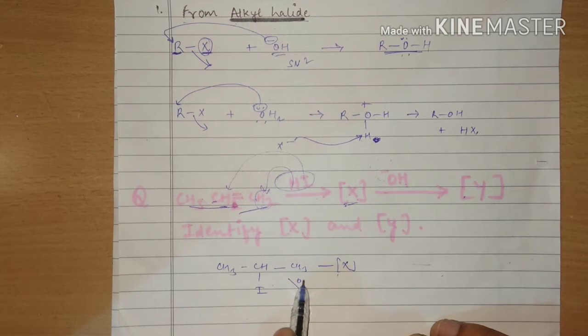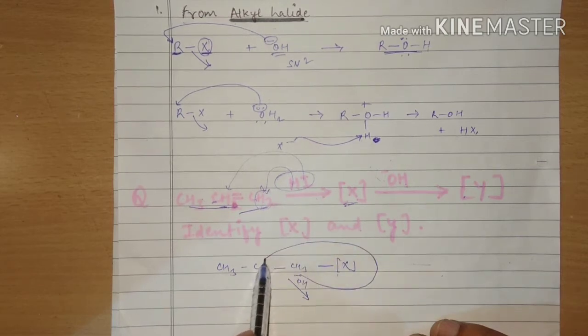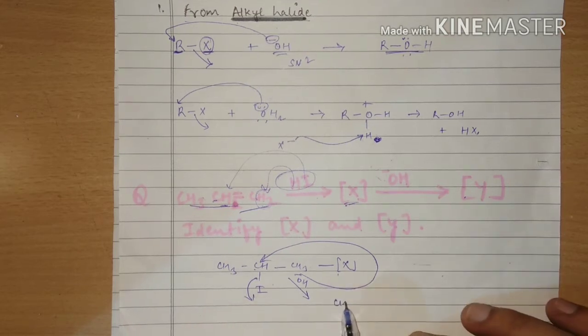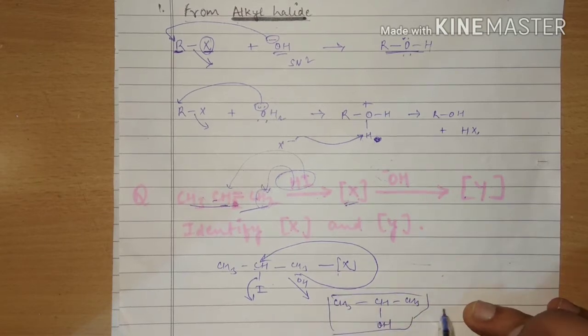The negative charge on O will attack the carbon, leading to removal of iodine. So we will get CH3CH(OH)CH3. This will be our Y.